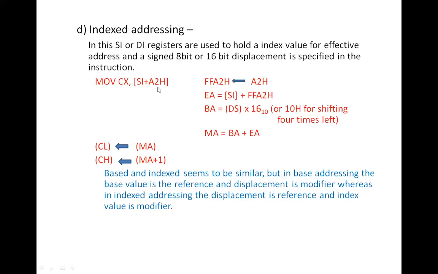But in case of indexed addressing, the displacement is the reference, and the source index is the modifier. That is why FF is added here, and in the previous case 00 is added. So in case of indexed addressing, the source index will be considered as the effective address, and so the data segment will be taken.